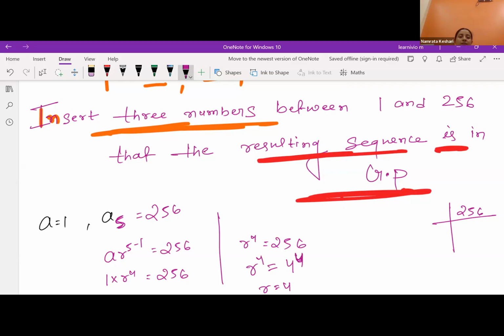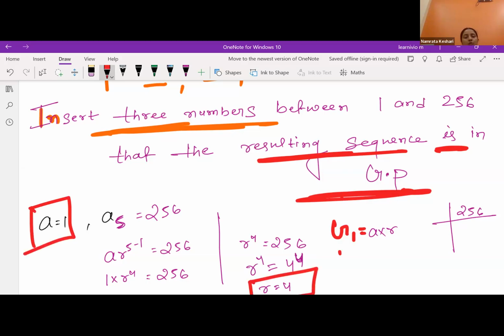Is it clear? Now we have to find g1, g2, g3. So g1 is the second term. Second term is a into r, that means ar. We have a, we have r, we can multiply to take out g1.